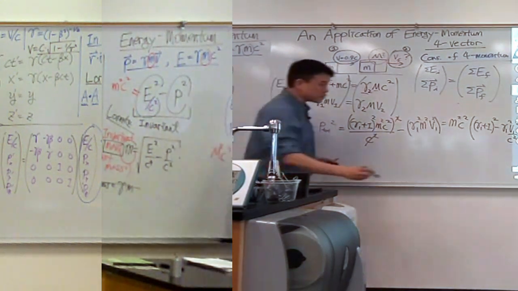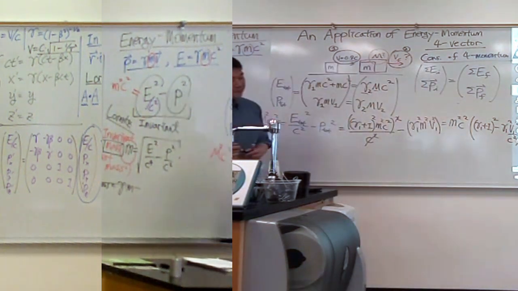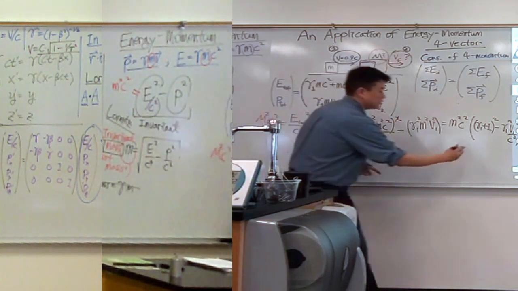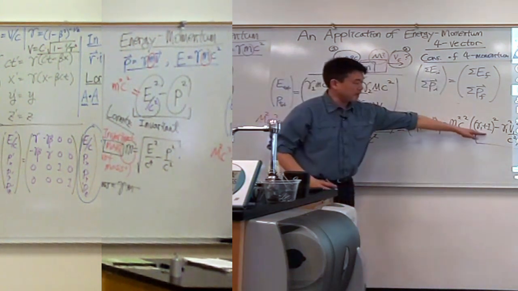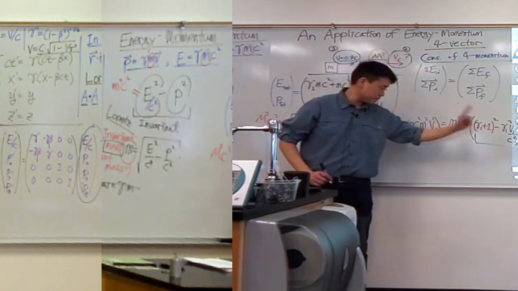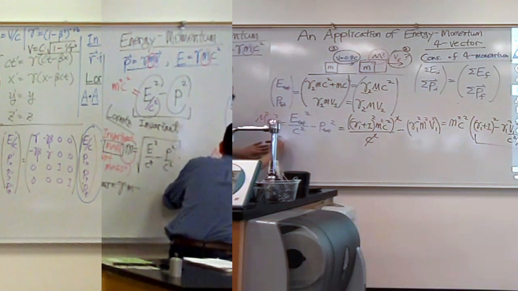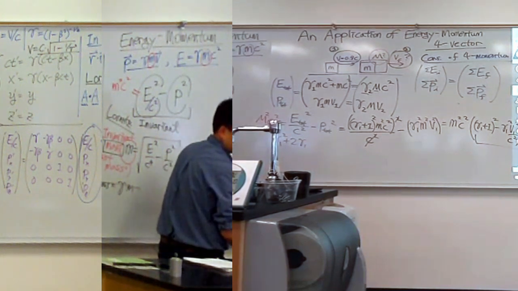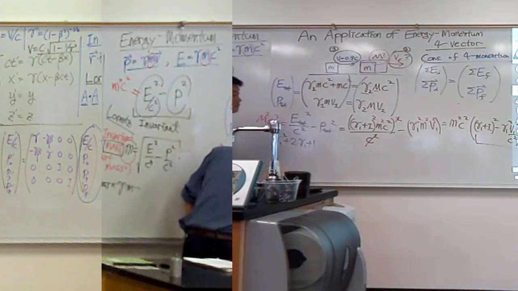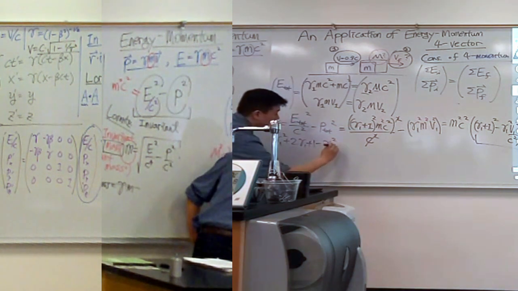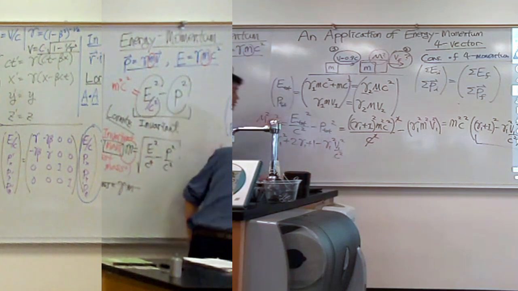I can actually simplify this a little bit. That will allow me to bypass plugging in expressions for v, because some things are just going to cancel out. So let me just finish that. Taking this expression, I'm going to expand the gamma 1 plus 1 squared and then combine that with this. So gamma 1 squared plus 2 gamma 1, right, plus 1, that's gamma 1 plus 1 squared, minus gamma 1 squared v1 squared over c squared.